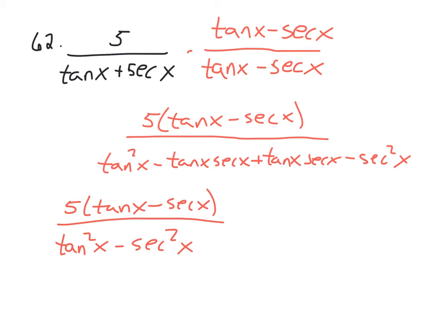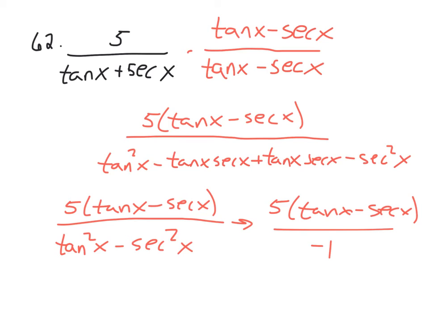For the exact reason of that last problem, where I wrote that out for you, tangent squared of x minus secant squared of x, by the Pythagorean identity, is equivalent to -1. And so we can say that this is 5 tangent of x minus secant of x all over -1.